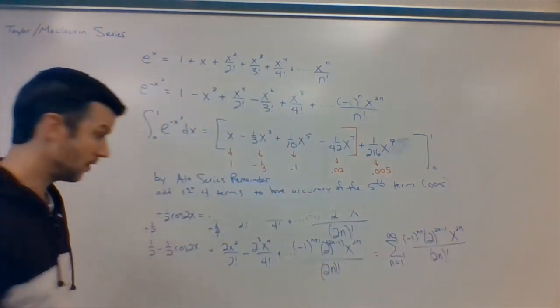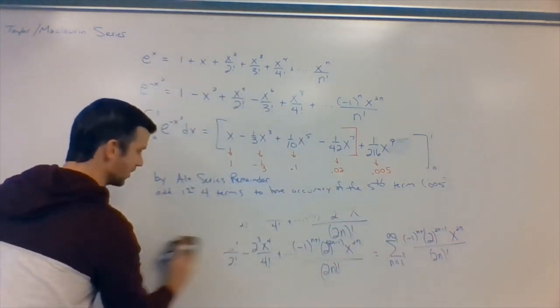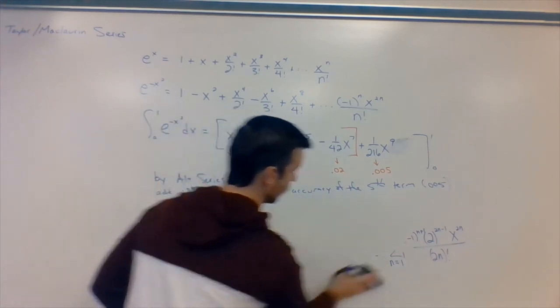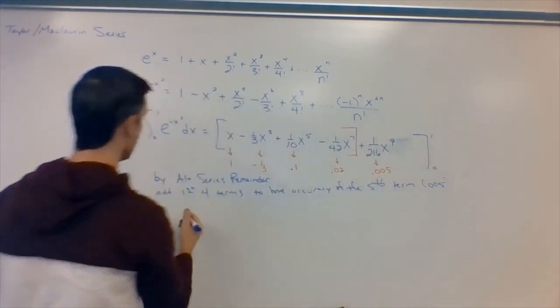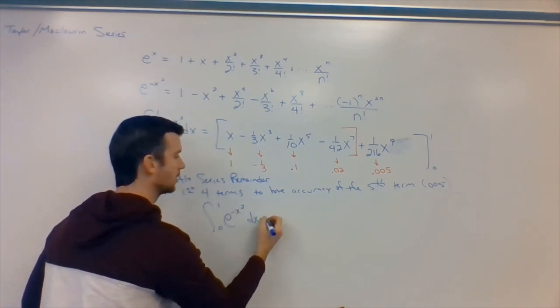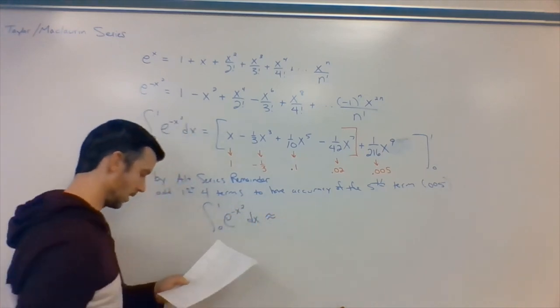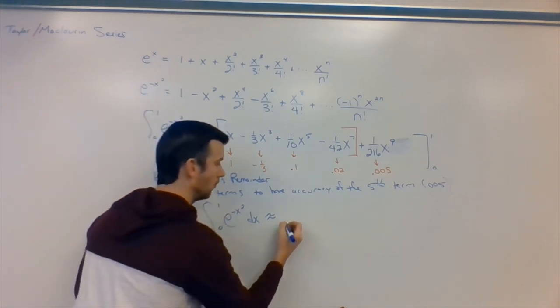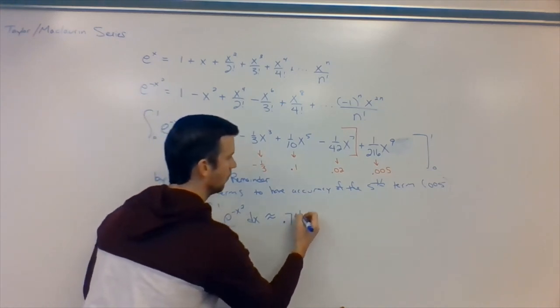Okay? Now, if you actually add up and use this integral, you add up those first 4 terms, you get that your integral from 0 to 1 of e to the negative x squared dx is approximately 0.74.